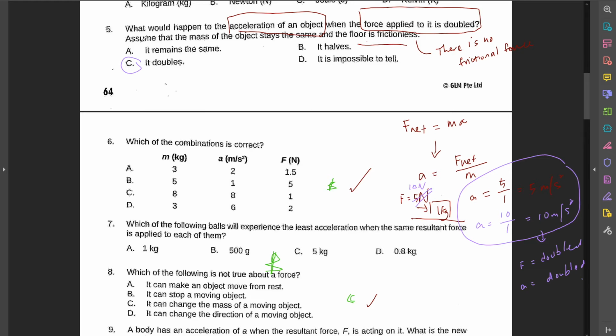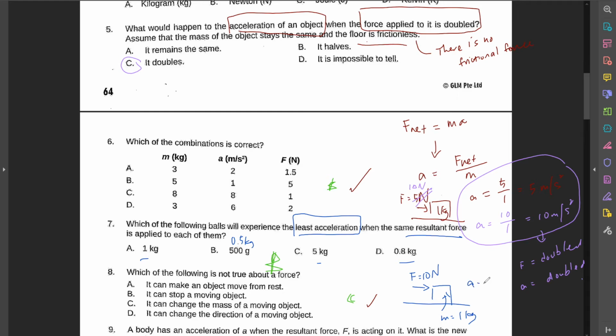Then for your question 7, they say which of the following balls will experience the least acceleration when the same resultant force is applied. All of them are in kilograms except for this one, so I will change this to kilograms. Now back to that question. Let's say I have a force of 10 newtons and a mass of 1 kilogram.